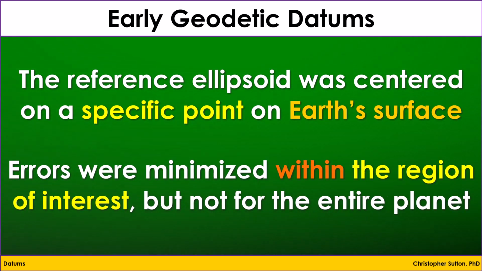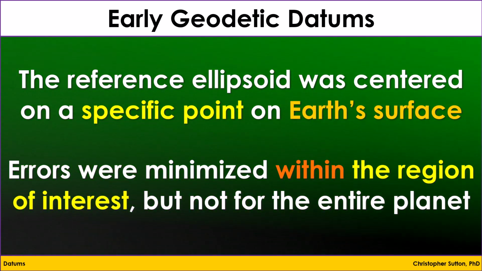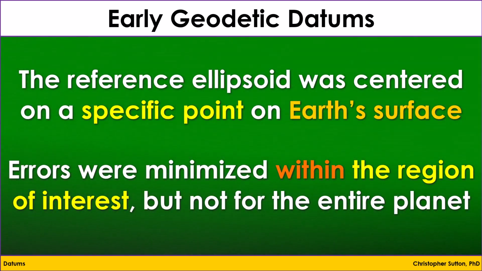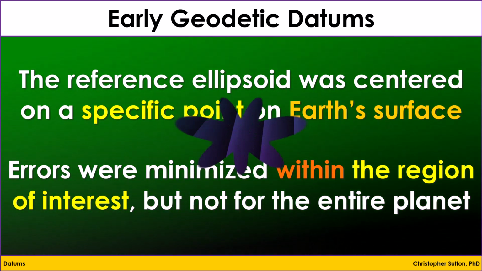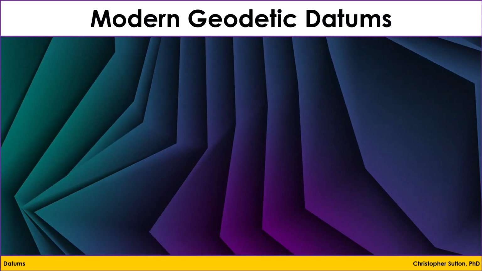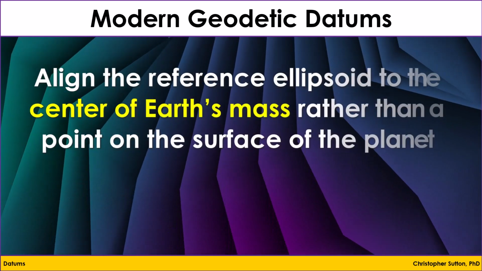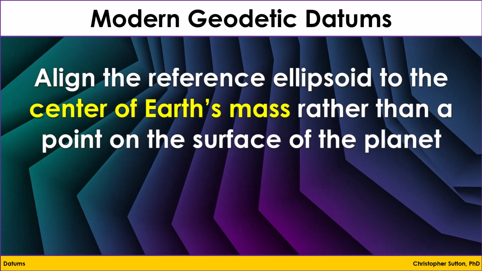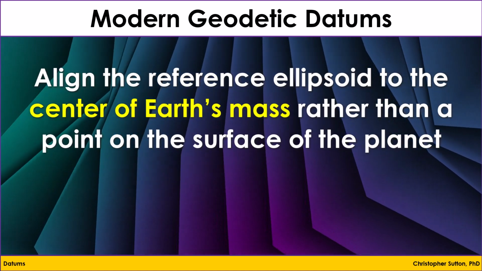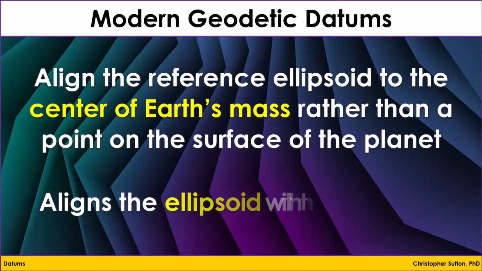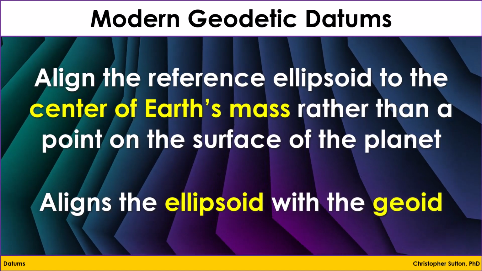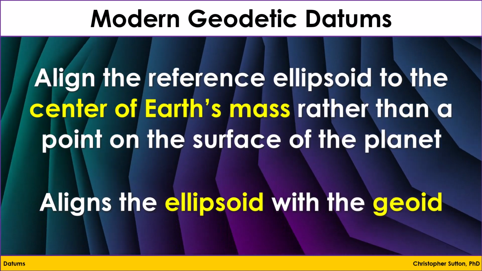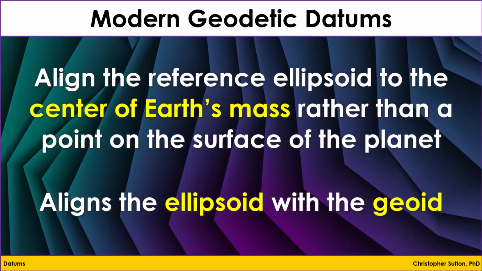This approach minimized errors within the region of interest, but did not necessarily represent the Earth as a whole. Modern geodetic datums align the reference ellipsoid to the center of Earth's mass rather than a point on the surface of the planet. This approach aligns the ellipsoid with the geoid, providing a consistent coordinate system that is applicable worldwide.